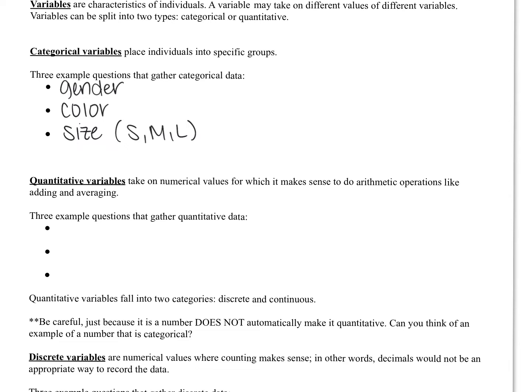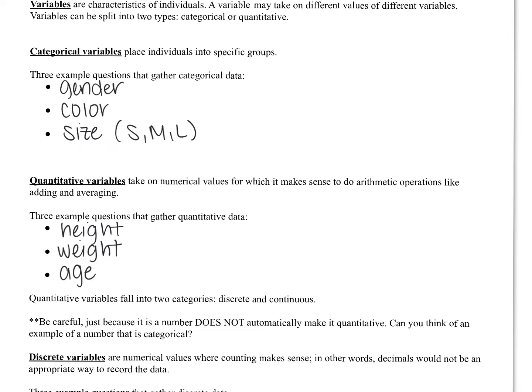So for example, height and weight are two of the very common quantitative variables. And then age is also quantitative. I can use numbers to describe all three of those things. Now, within quantitative variables themselves, there are two categories, and that's discrete and continuous.